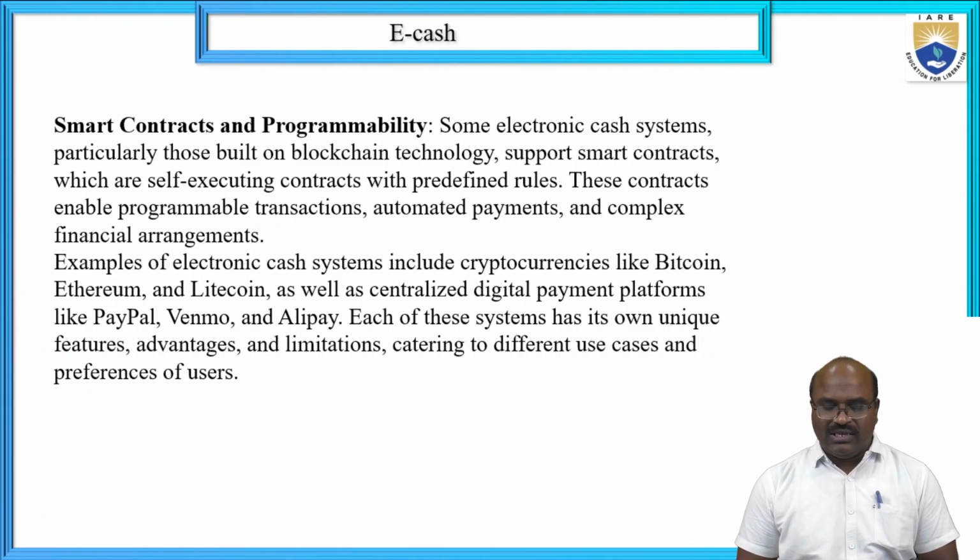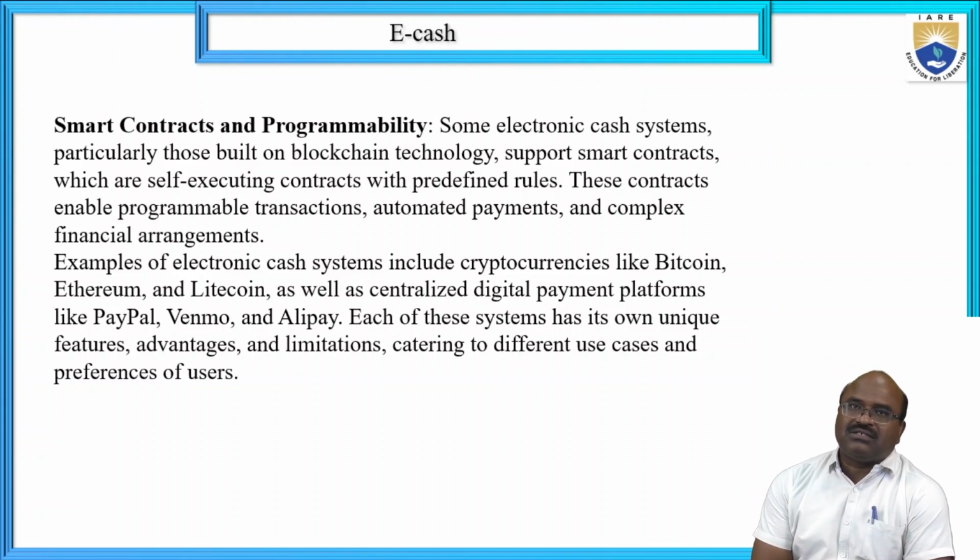Alipay. Each of these systems has its own unique key features, advantages, and limitations, categorizing different uses, use cases, and performance for users. In electronic commerce, the most important thing is e-cash. To do an operation or a business between a consumer and a buyer or seller, whether consumer or merchant, we can do the transaction.